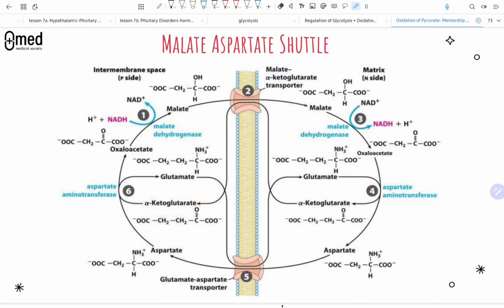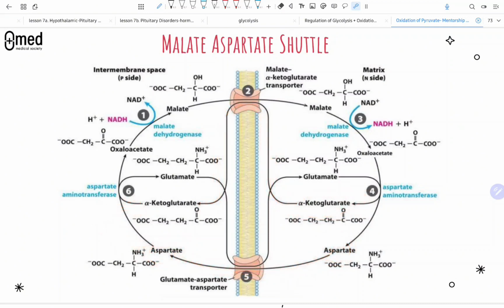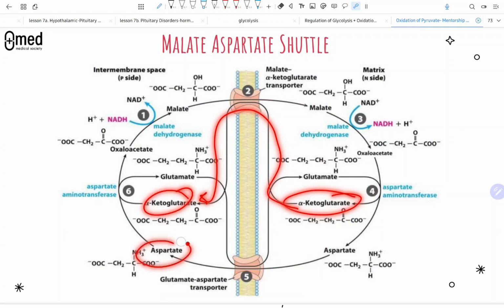This is very important. Energy is neither created nor destroyed in chemistry. It's just transferred, okay? So glutamate does not give this amine group to oxaloacetate forever. It is turned to alpha-ketoglutarate, which goes back outside and waits for aspartate to leave so that it can return the amine group back to alpha-ketoglutarate.